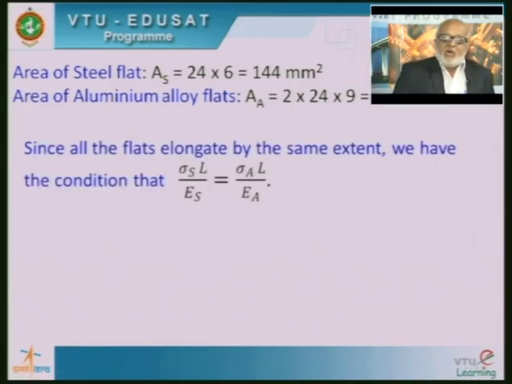Now, since all the flats elongate by the same extent, we have the condition that stress in steel, length divided by modulus of elasticity of steel, this will give me the elongation. This should be equal to stress in the aluminum multiplied by the same length divided by the modulus of elasticity of aluminum flat.